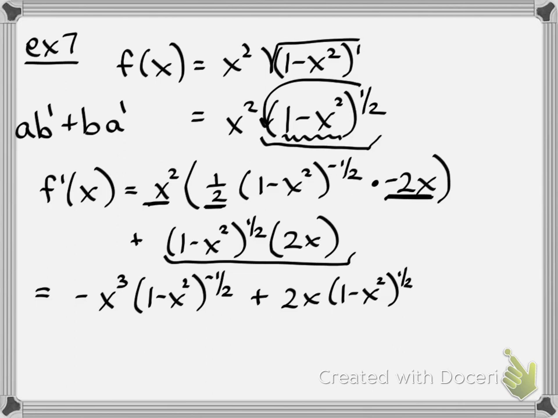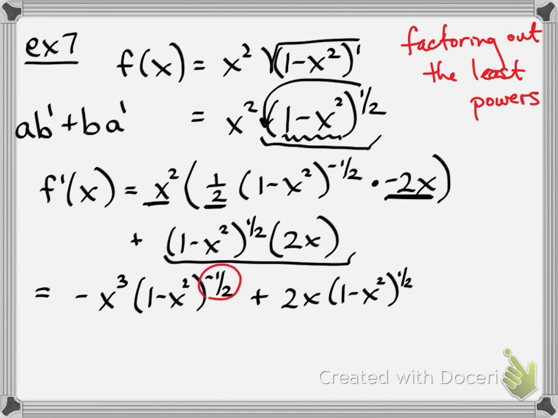Okay, I want you to notice that both of these terms have a 1 minus x squared, and the book would like for us to practice factoring out the least powers. That's what they've titled this example. So this is the least power, the negative 1/2, compared to the positive 1/2.